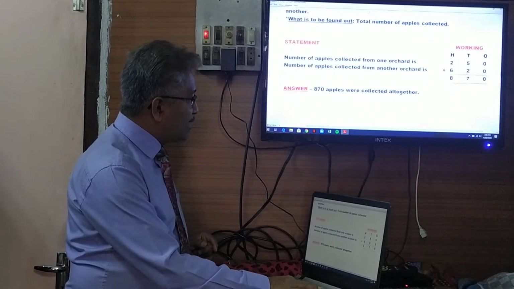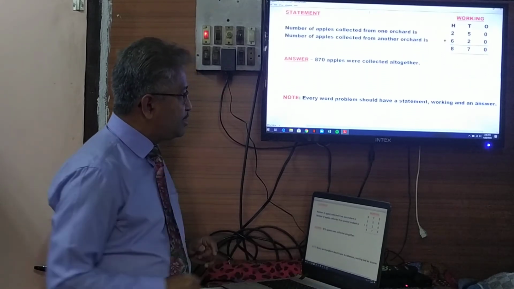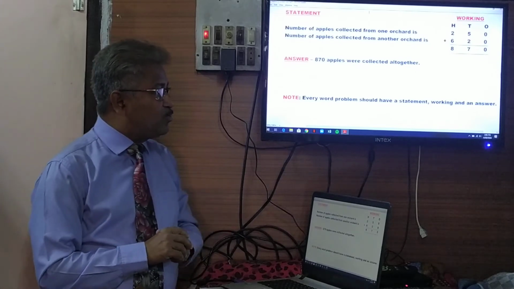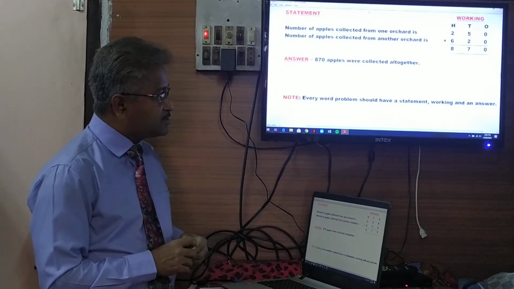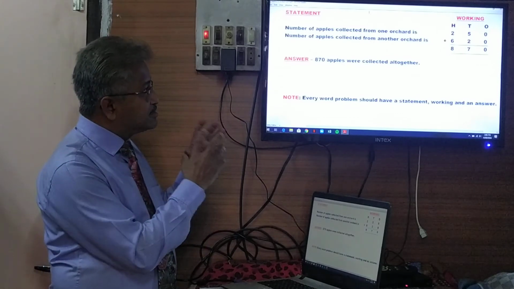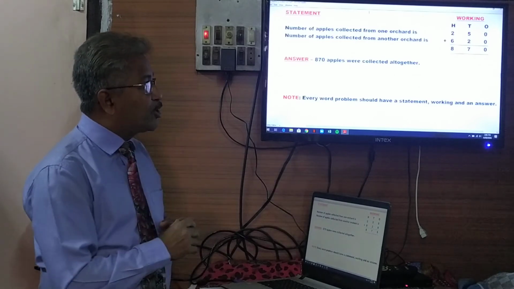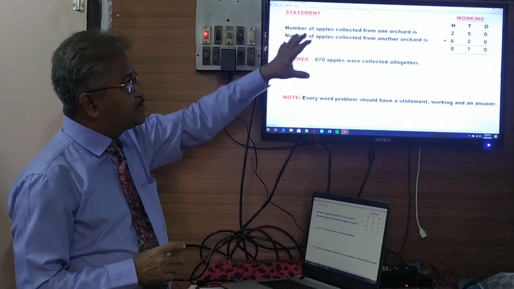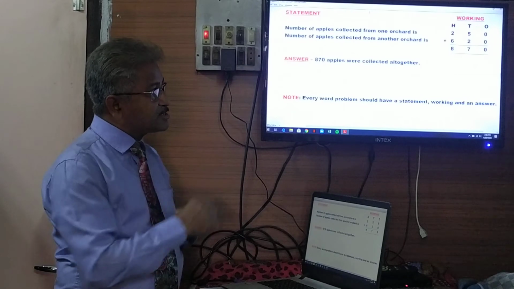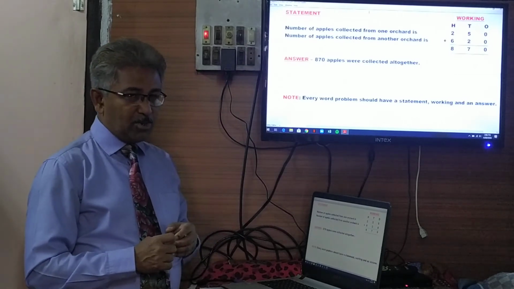One last note which you need to remember, every word problem should have a statement, a working, and an answer. We should keep these 3 things separate and very clear in our sum.